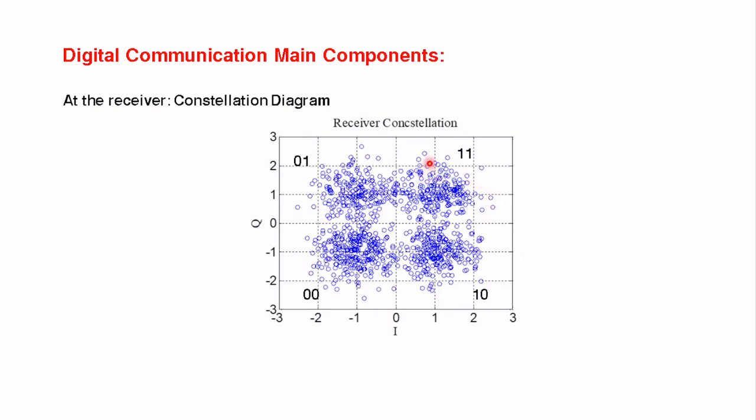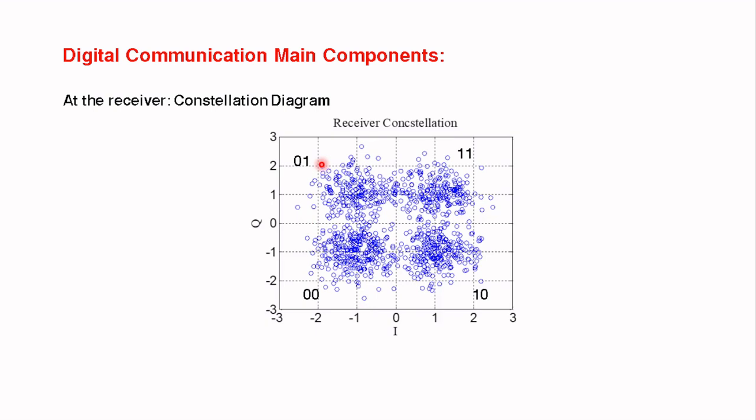According to the position of the symbol, it decides what data was transmitted. For example, if the symbol is in this quarter, it will decide that the data that was transmitted is 1 1. If the symbol is in this quarter, it will decide that it is 0 0. Here it is 1 0, and here it is 0 1, and so on.